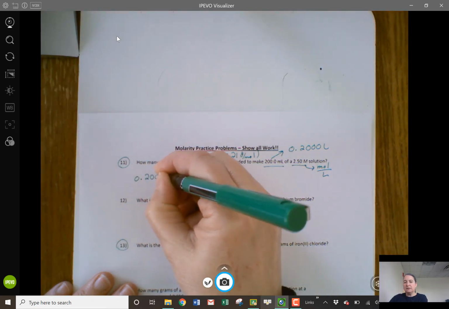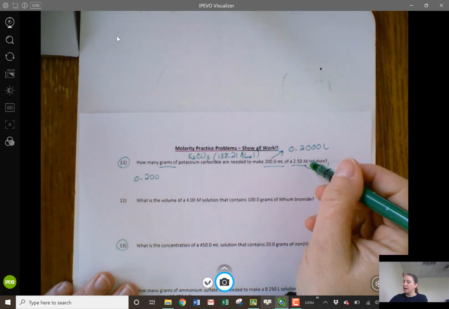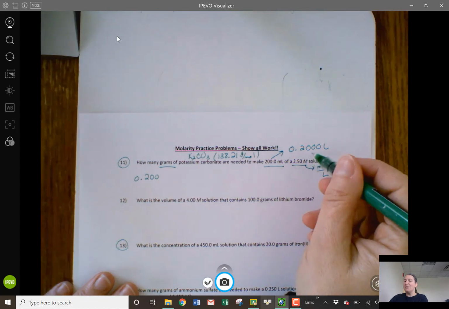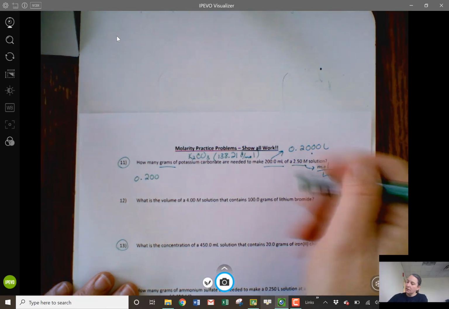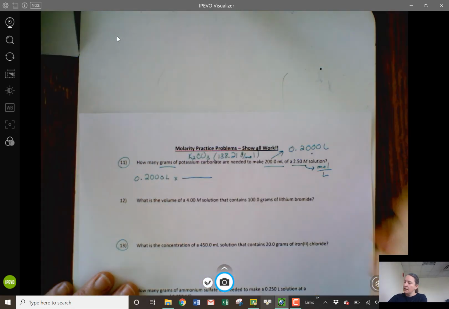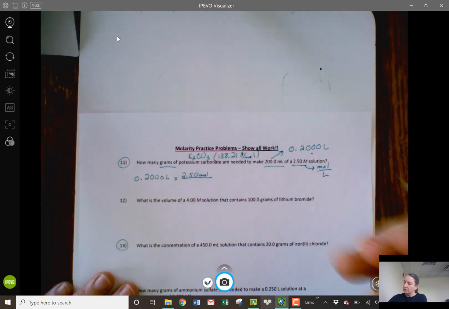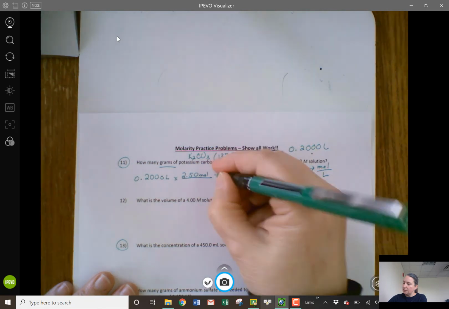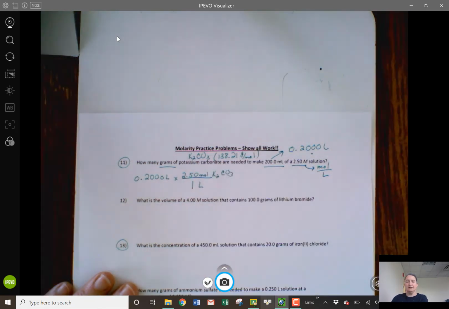So the first thing I want to do is say, okay, if I know that there are 0.250 moles of potassium carbonate per liter of solution, and I have way less than a liter, let's figure out then how many moles I have. So 0.200 liters of solution. And I know that there are 0.250 moles of potassium carbonate, K2CO3, for every 1 liter.